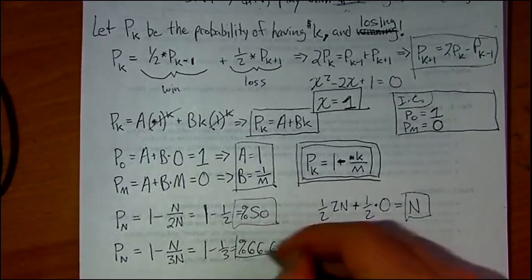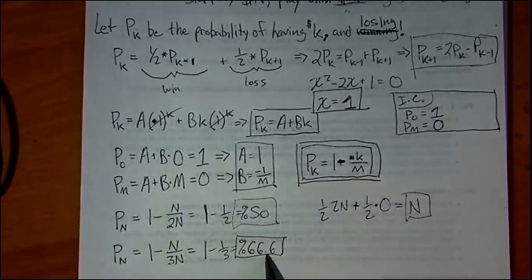So if you try to triple your money, your chances of losing increase significantly. Now you have a 2/3 chance of losing instead of a 1/2 chance of losing. So the more money you try to make, the less likely you are to get there, which makes sense. Hopefully that makes sense.